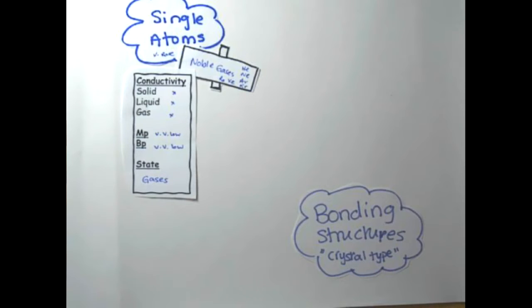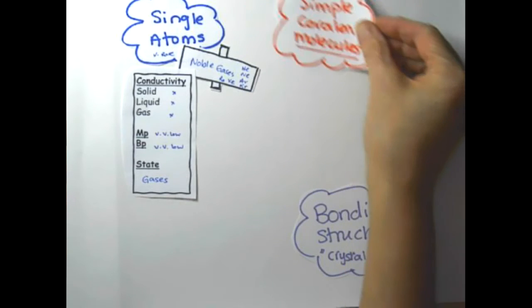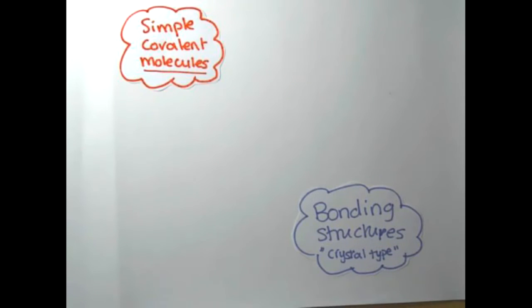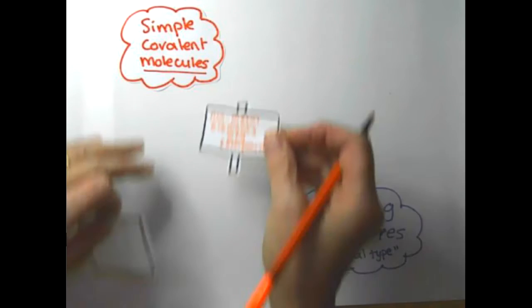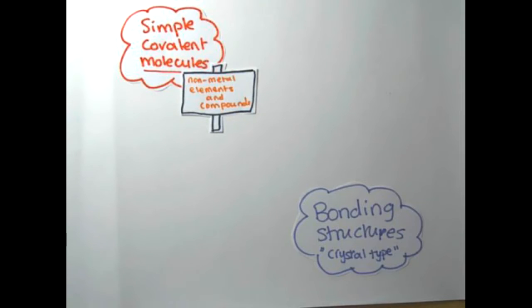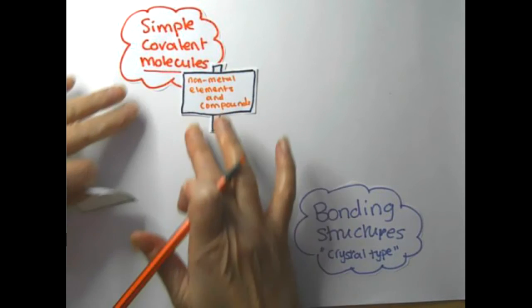Okay, so the next group we have are the simple covalent molecules. These tend to be compounds or elements that are from non-metals, so non-metal elements and compounds.